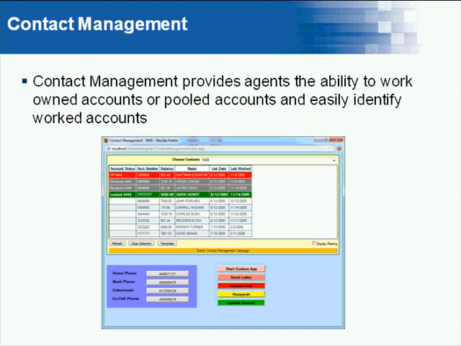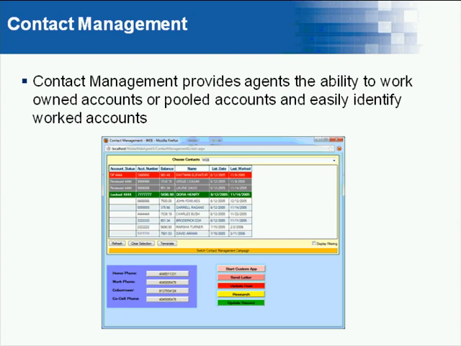Well, we'd also talked about, from a workflow optimization standpoint, using contact management. As we discussed earlier, contact management provides the agents the ability to work owned accounts or pooled accounts and easily identify which of those accounts they've already worked. In this screenshot, you'll see a data grid, and it's quite a colorful screenshot.